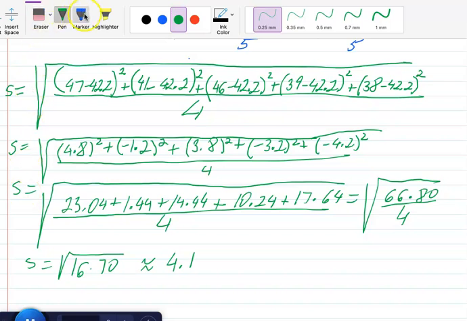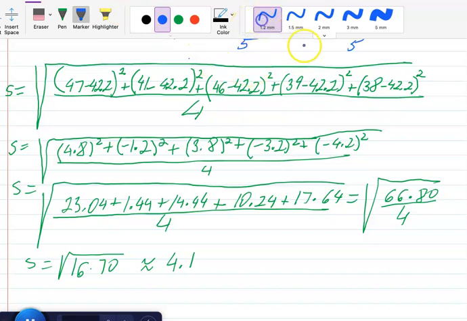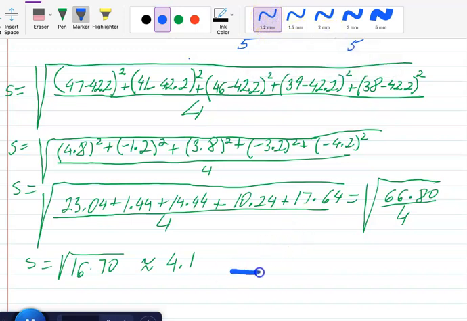So what does it mean? This is just a very quick bonus. Let's say the mean is 42.2, so this is the middle of the data.